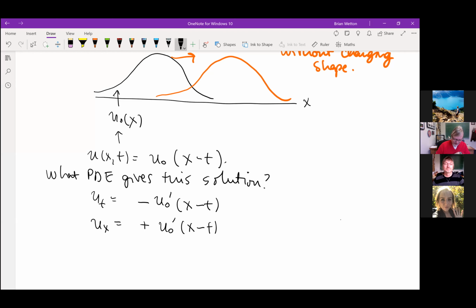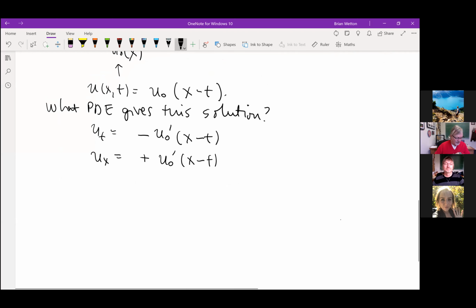So the PDE I want is just u_t plus u_x is equal to 0. And I can call this the one-way wave equation. Shortcut W1.